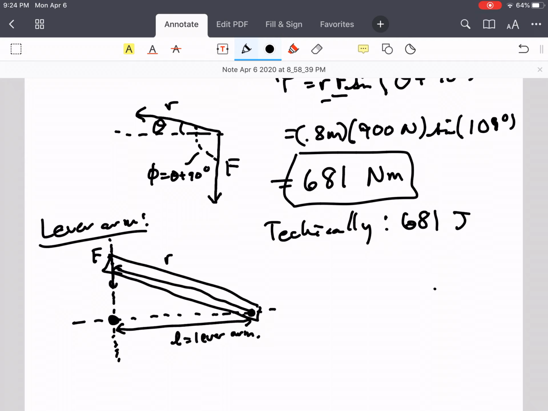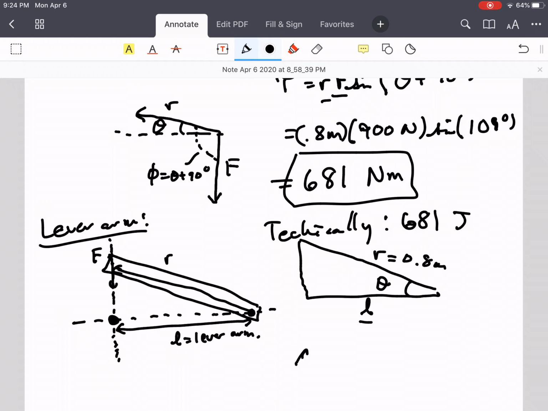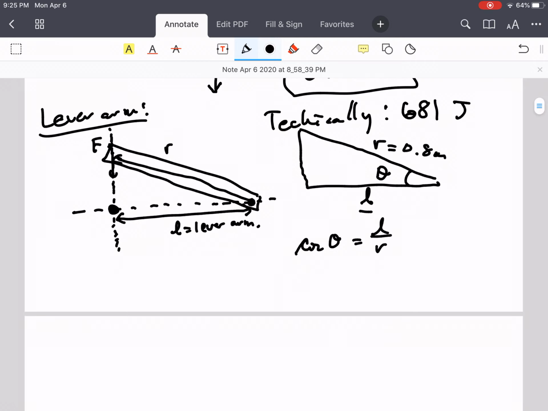Now notice we can do a little bit of trig. If R is that radius, which is 0.8 meters, and L is down here, theta is 19 degrees, then it's adjacent to theta, so that means cosine of theta is equal to L divided by R. That means that L is equal to R cosine theta.